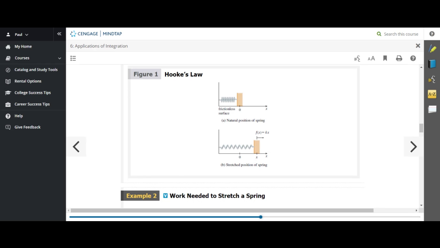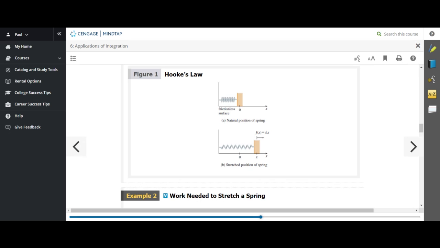That's because of Hooke's law. You're fighting the force of the spring. The force you need to apply has to counteract the force of the spring, and the force equals k times x. So the force is proportional to the distance x that you're trying to pull that spring from the neutral position.